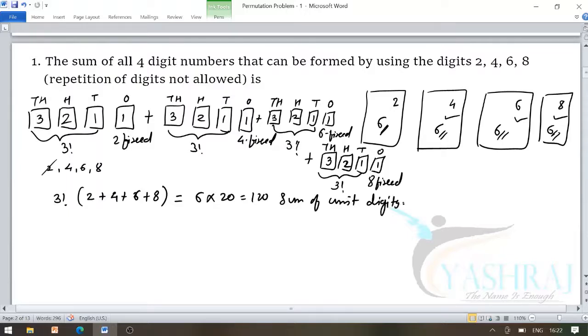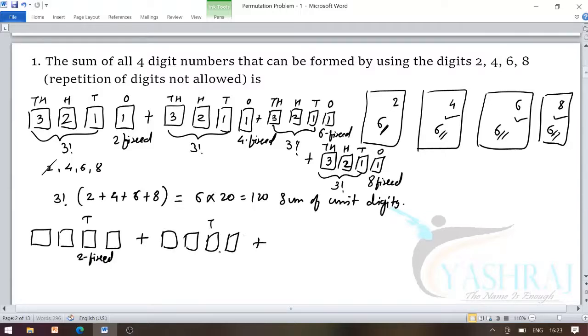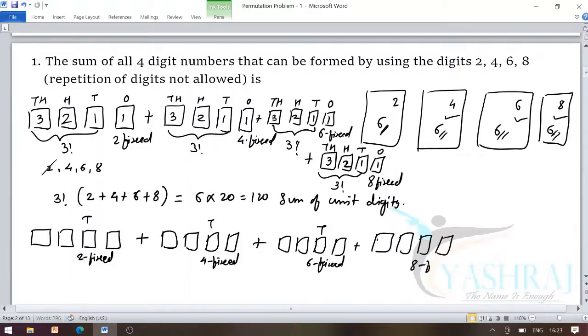Now same thing, to find the numbers that contain 2, 4, 6, 8 as their tens place. So we have to fix first 2 at the tens place. Same thing, firstly the 4 at the tens place, 6 at the tens place, and 8 at the tens place.